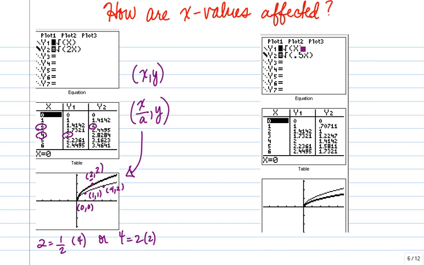If we have square root of x and square root of 1/2 x, which is what that really is. Okay, let's look at this. My original function has 0, 0, 1, 1, and 4, 2.